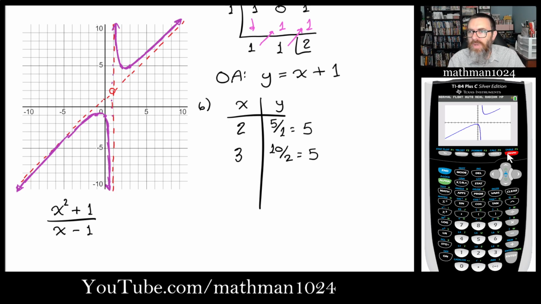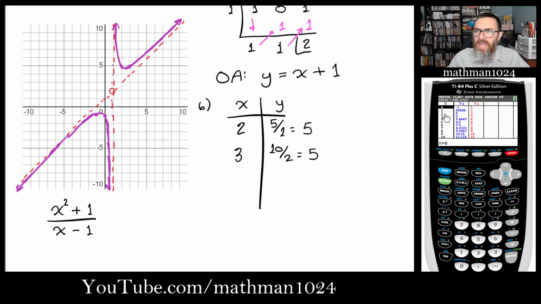That is just what I have, right? And we can even come back over here and graph what we said our oblique asymptote was, which is x plus 1. And we can see how nicely that matches up with our original function as we go out towards the boundary marks, right? And we can even check the table if we want to get some extra points.